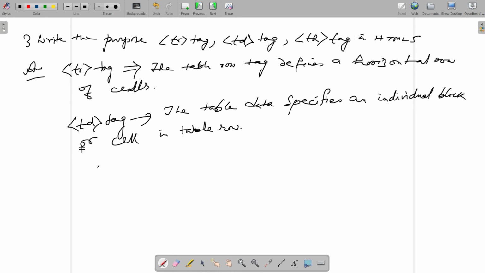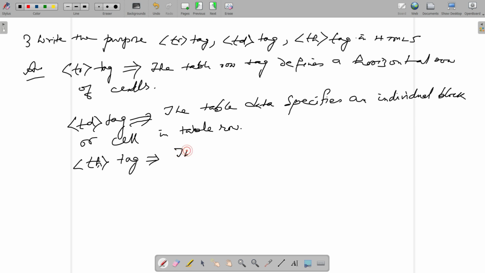Next one is the TH tag. So what is the TH tag? TH means table header.